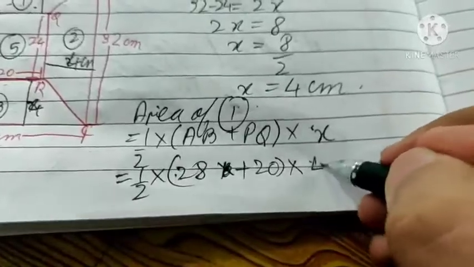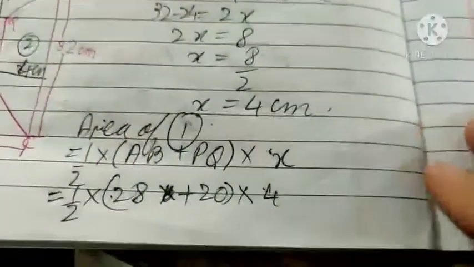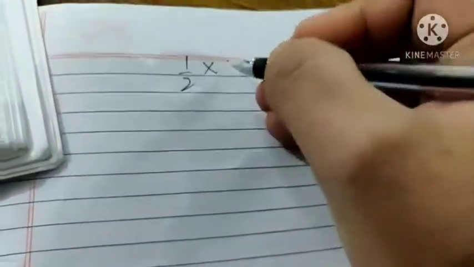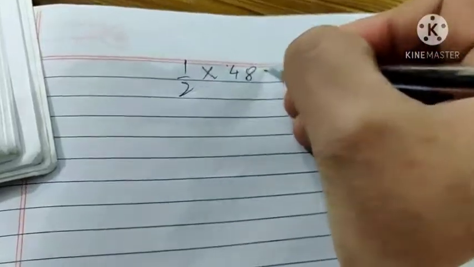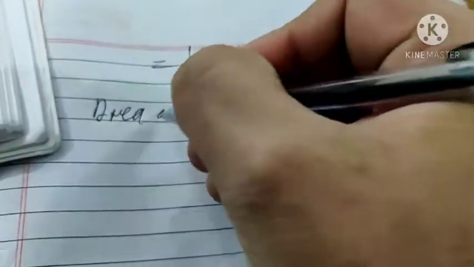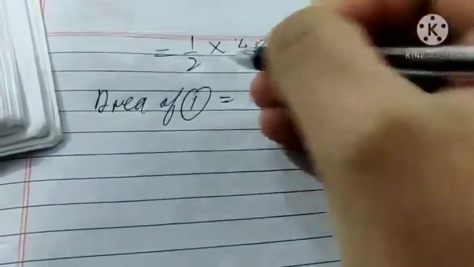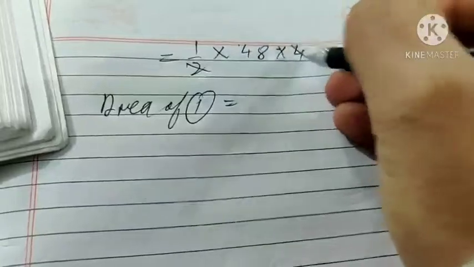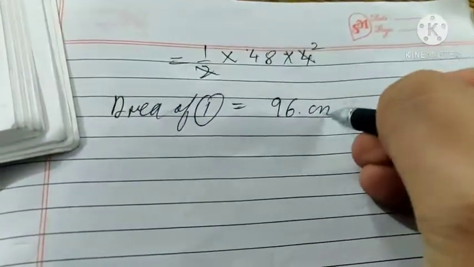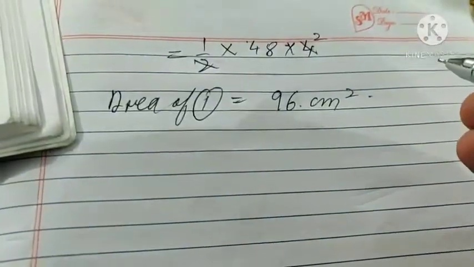X here is 4. That is half into 28 plus 20, that is 48 into 4. So area of 1 is equals to 48 into 2 is 96 centimeter square.